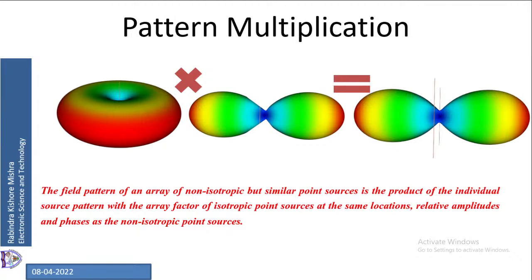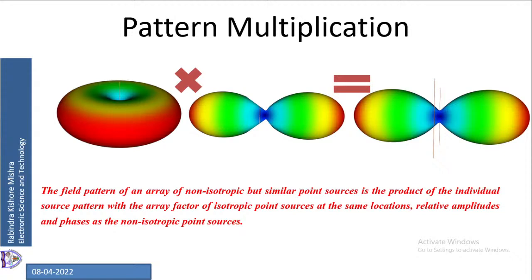How will you get the resultant pattern? Wherever there is a zero or null in either of the patterns, there you will get a null. When there is no null, you will get the multiplied value of the first pattern into the non-zero value of the second pattern. So this is what pattern multiplication is.